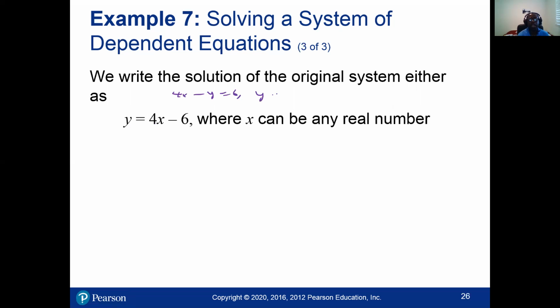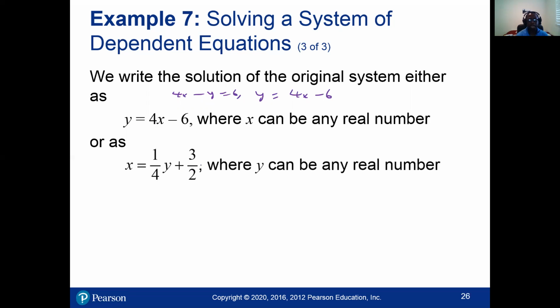If I plug in any x value, I can generate y values. That is one way. Or we can solve for x in that equation. If you solve for x, you have 1/4y plus 3/2. Again, if I plug in values of y, I can generate the values of x.